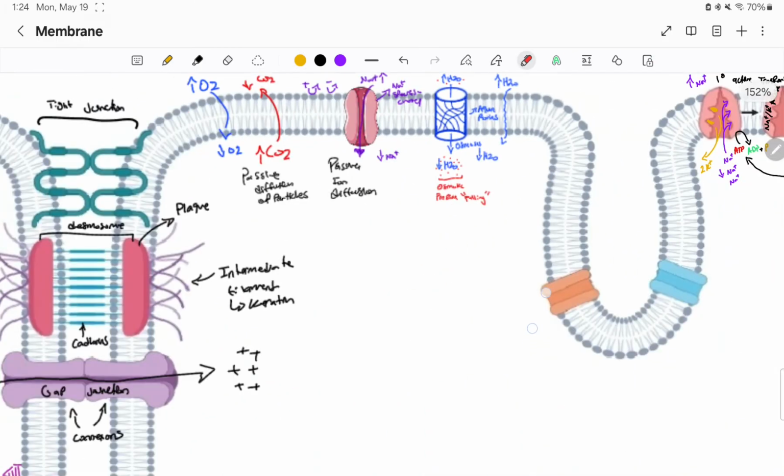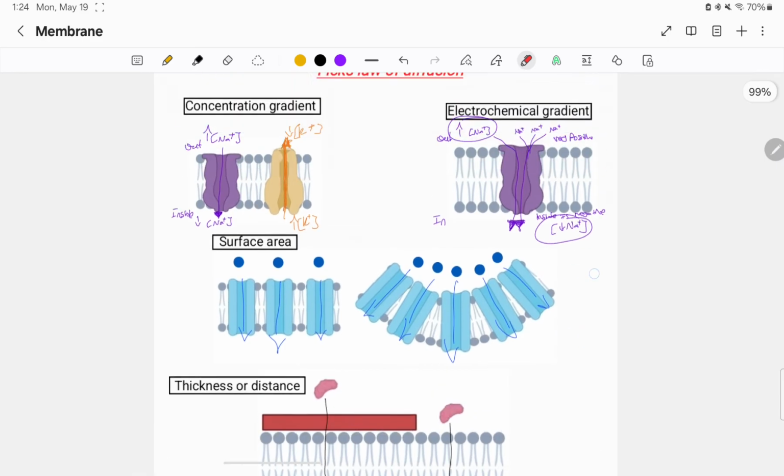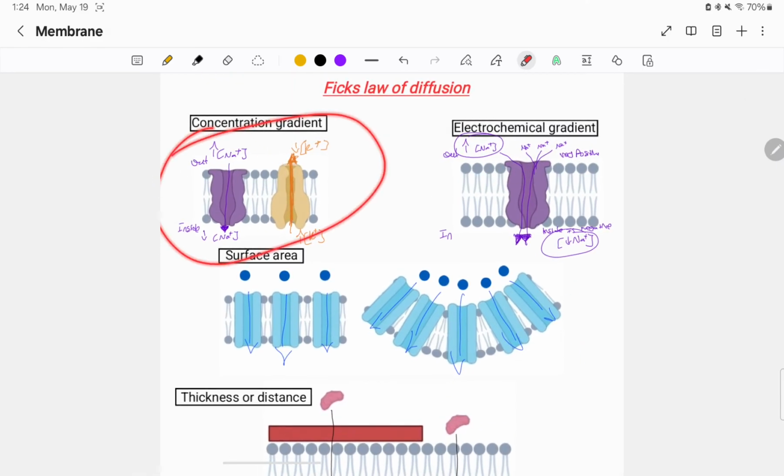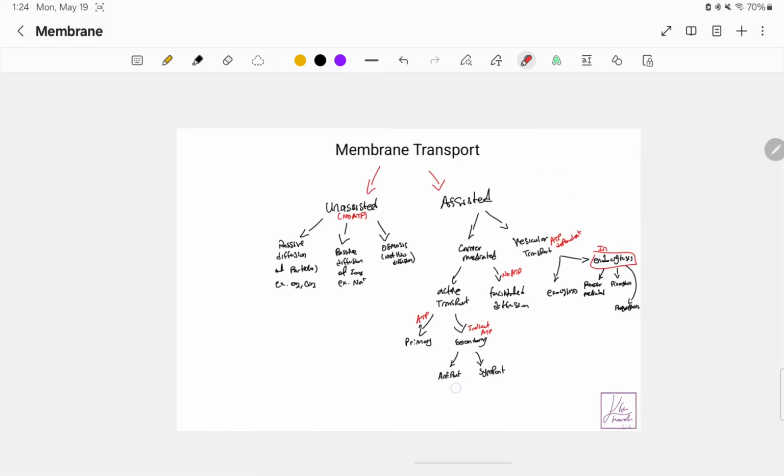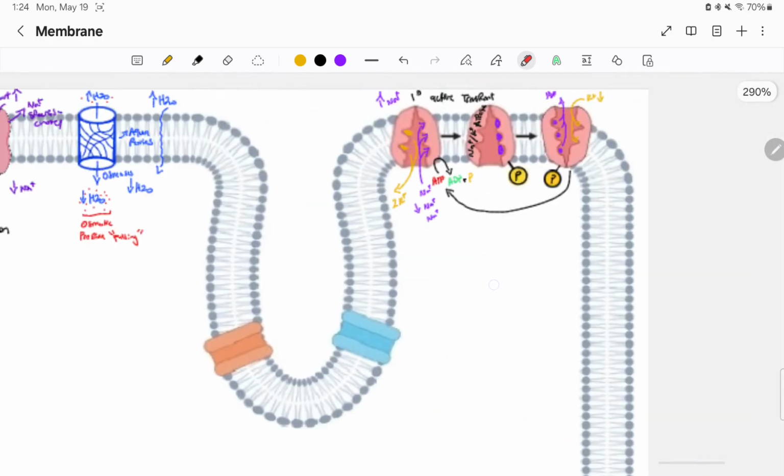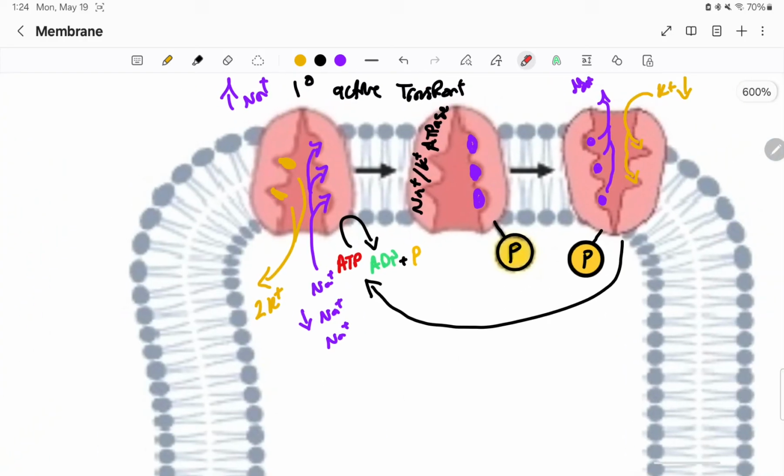Remember how way back in this slide, I said that there's a reason why the concentration gradient exists this way, why there's high sodium outside and high potassium inside? The reason is this sodium-potassium ATPase pump. These pumps establish this gradient by pushing sodium from inside of the cell outside.